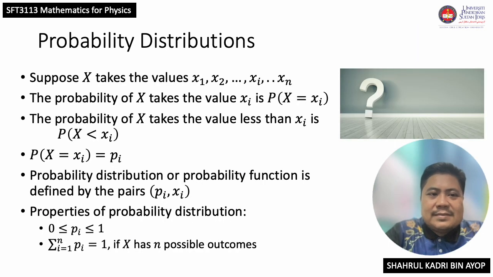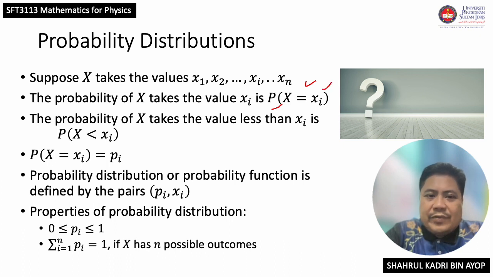Suppose that X, which is the variable that we want to consider, takes the values x1, x2, xi until xn, where n is the number of trials. The probability that X takes the value x is the probability that the variable is equal to the particular output that we want.